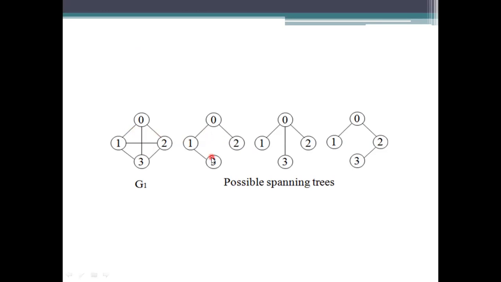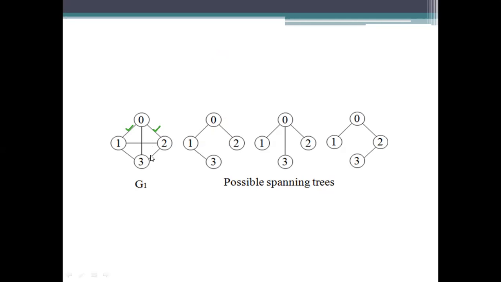So here we need to plot the vertices and try to use the edges which are present. Since it is a complete graph, we can use as many edges as we want, but it should not be a cyclic one. So here I am using this edge and this edge.